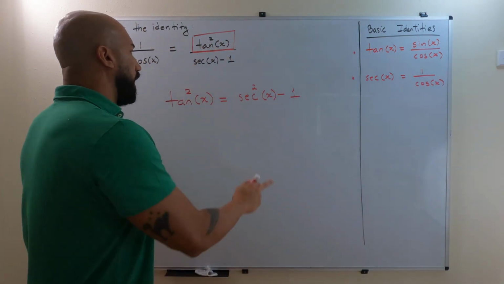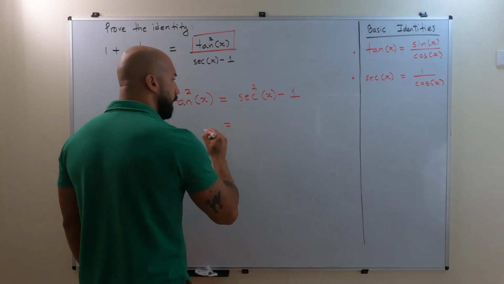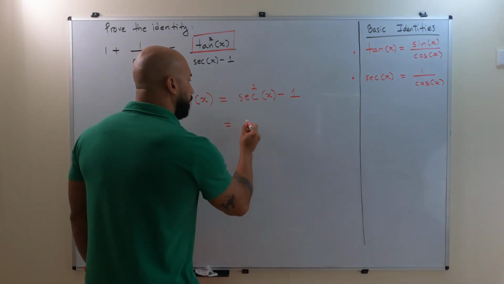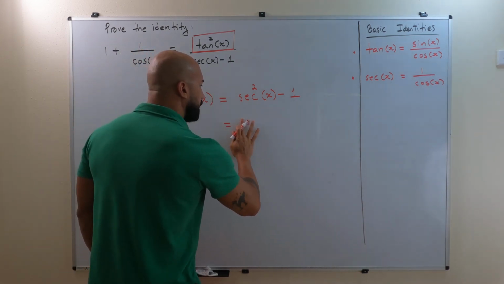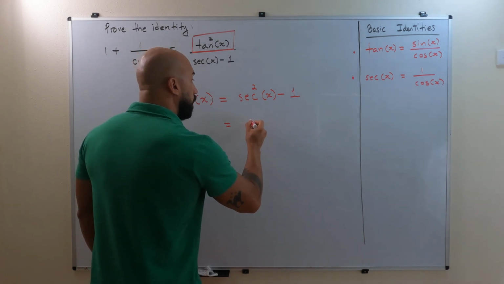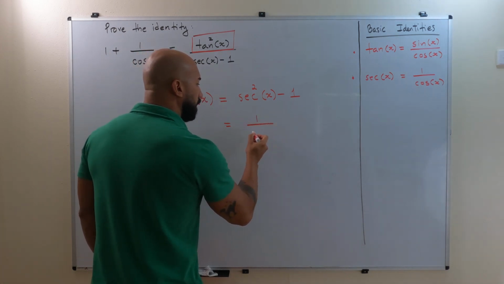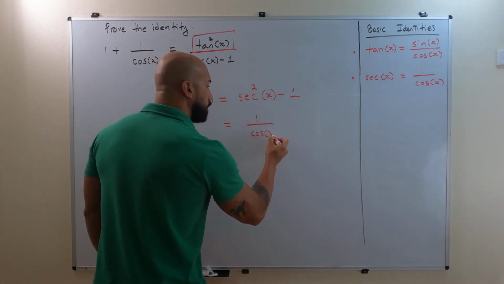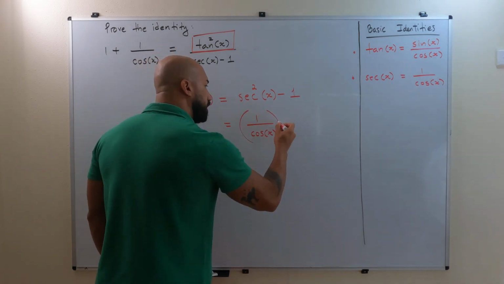Alright? So I can take this and write it as 1 over cosine of x, all this squared.